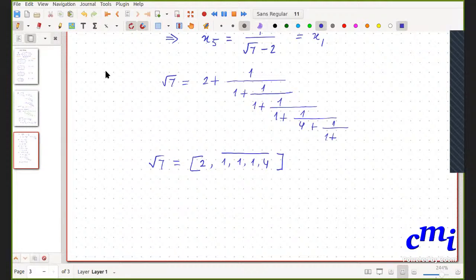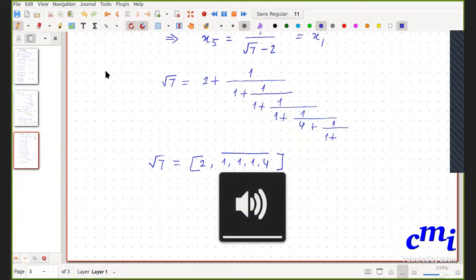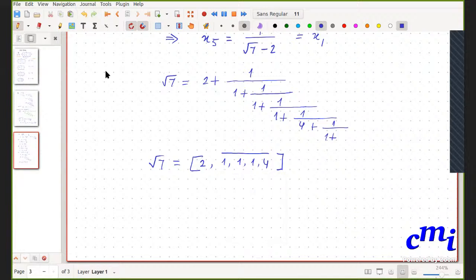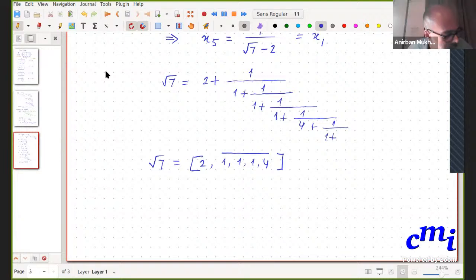Professor, we have a question. What is the motivation of this corresponding continued fraction? Actually, there are many. One of the important motivations for number theory is approximation, the approximation of irrationals by rationals.